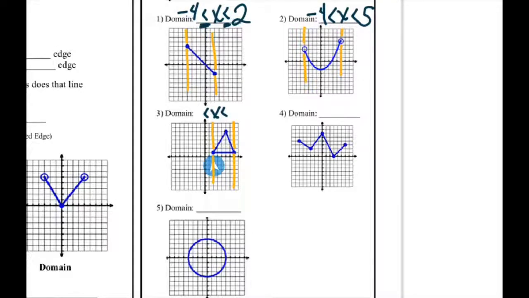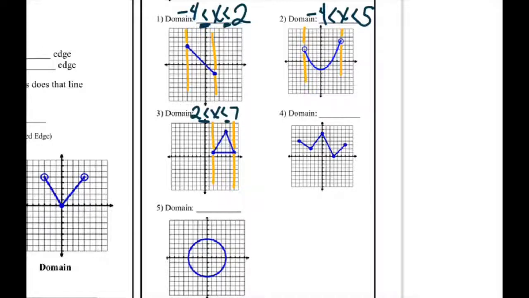The furthest left side right here is a +2. The furthest right side is 1, 2, 3, 4, 5, 6, 7. Left edge is a closed circle, so I need to close off my symbol. Right edge, closed circle, close off my symbol. Easy. Domain is left to right.